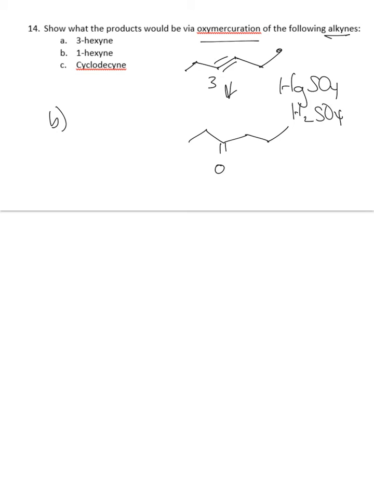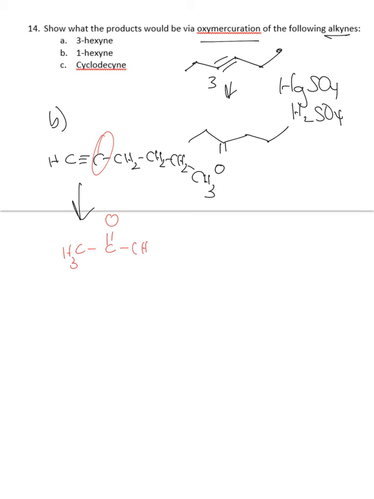Okay, so for B, 1-hexyne. Now you're going to have a little bit more regiochemistry here. And so when you add the mercury sulfate and sulfuric acid, you're going to get the ketone on the internal carbon. So you get CH3 carbonyl, and just add your carbon chain.